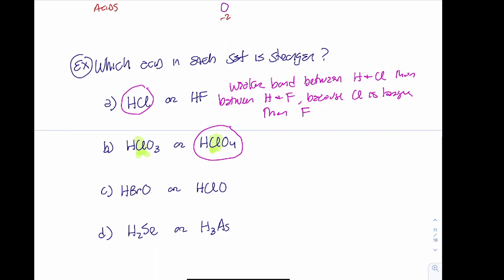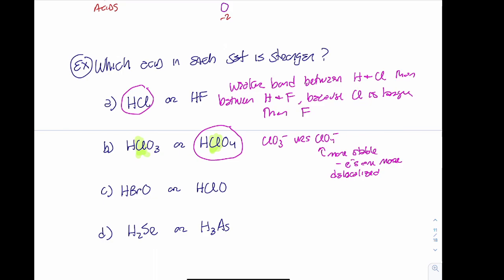And I didn't really talk about the reason for that one. It has to do with the stability of the conjugate base, right? So comparing ClO3 minus versus ClO4 minus, this is actually more stable. And our reason for it is that the electrons are more delocalized. And delocalized is a word that you hopefully would have used in 150 or 151 when you were talking about resonance, right? We said that if a structure had resonance, it was more stable because we're delocalizing those electrons.